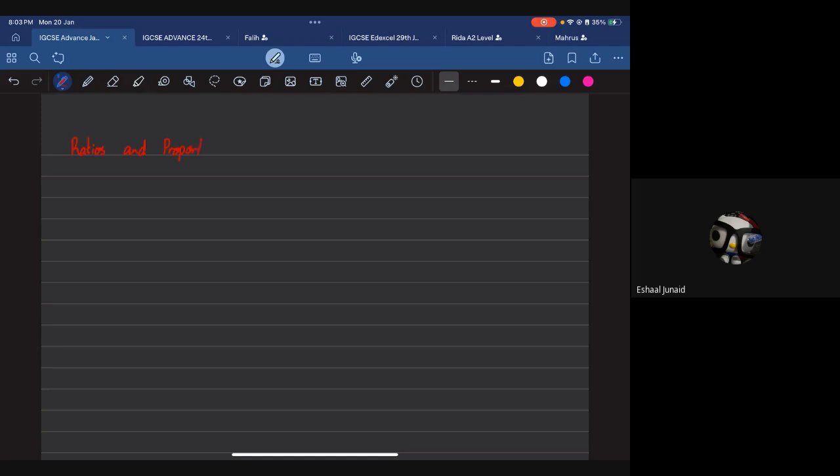Now, when I say the word proportions, when I say the word ratios, what comes to your mind? Yes, Zoya. Comparing two different, can you hear me, Zoya? Yeah. Comparing two different what? It's like comparing two different scales or something.